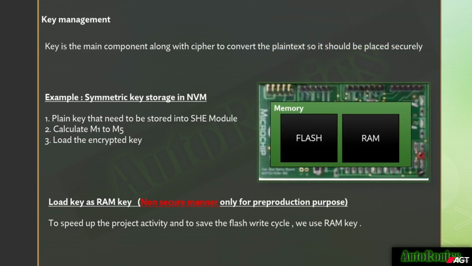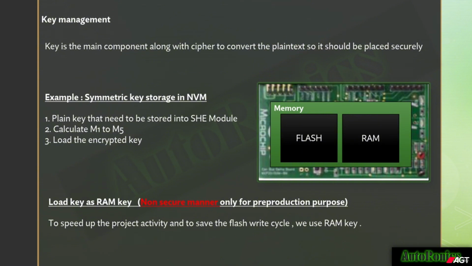Let's take an example of loading a symmetric key into the SHE module. Firstly, we need to load the plain key value, and then the SHE module will perform a key update protocol, basically the calculation of M1 to M5. This key update is used to ensure that the key meets security properties such as confidentiality, integrity, and availability, and protects against replay attacks.